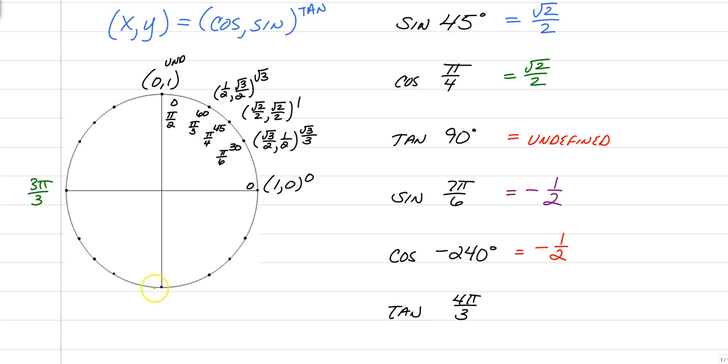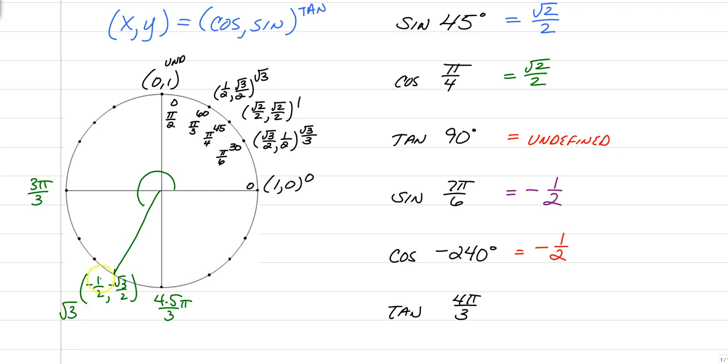And this guy was 1.5 pi, and this guy was 4.5 pi over 3. So 4 pi over 3 is just going to be 1 pi over 3 away from the x-axis. So we just copy the pi over 3 coordinates. This is negative 1/2, comma negative square root of 3 over 2. And since we're finding tangent, that's still positive square root of 3.